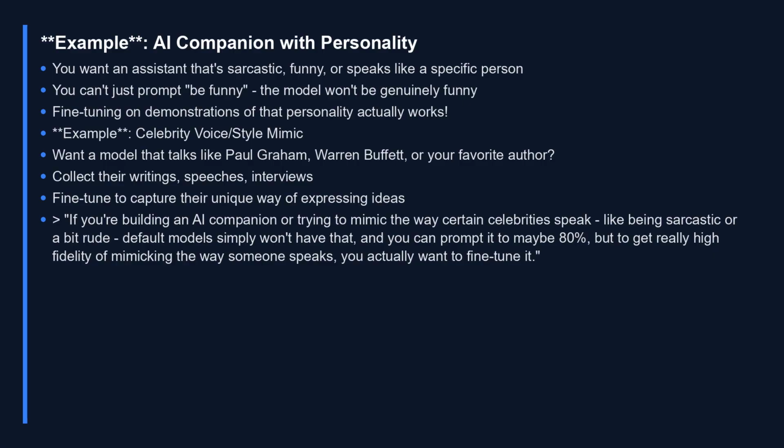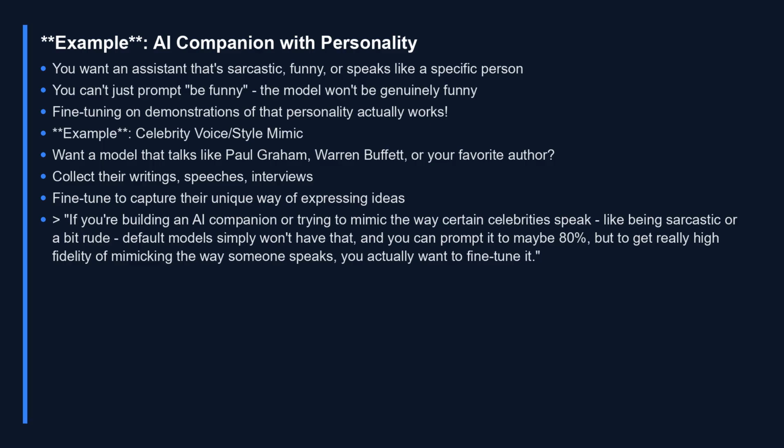Personality and style transfer is one of the most underrated fine-tuning use cases. Suppose you want an AI assistant that's genuinely sarcastic, or that writes with the measured, aphoristic style of Paul Graham. Prompting gets you maybe 80% of the way there. The model will try, but it won't be convincing. The reason is that authentic voice is woven through thousands of subtle choices: word selection, sentence rhythm, what gets left unsaid.